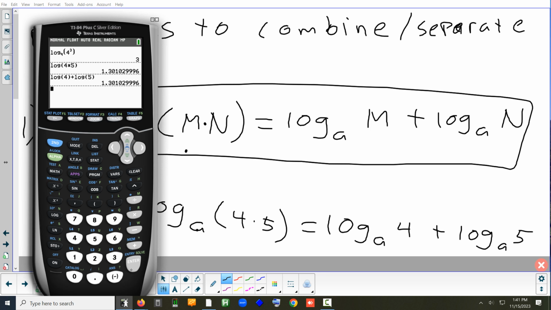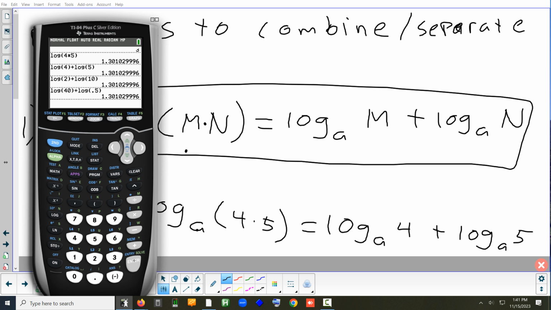What's another way you could break up the number 20? 2 and 10. So if you did log 2 plus log 10, that's also the same. Any 2 numbers here that multiply to give you 20 would work. So you could also do log of 40 plus the log of a half, because 40 times a half is 20.